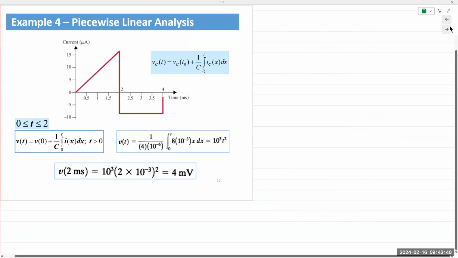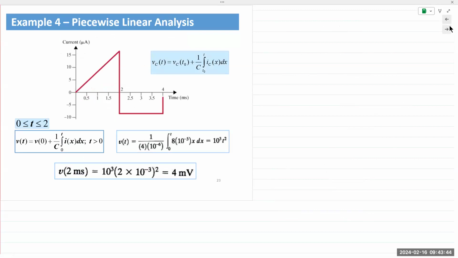Then we plug those values into our equation. So our equation states that V, the voltage for a capacitor, is the integral of the current I in the given time period.